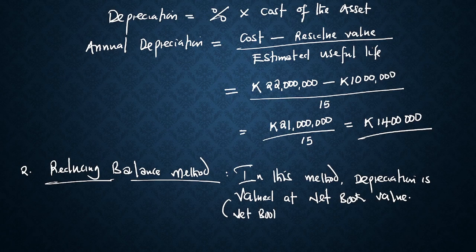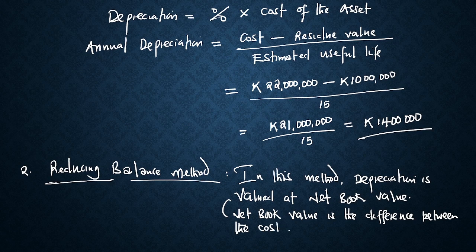Net book value is a difference between the cost and accumulated depreciation.